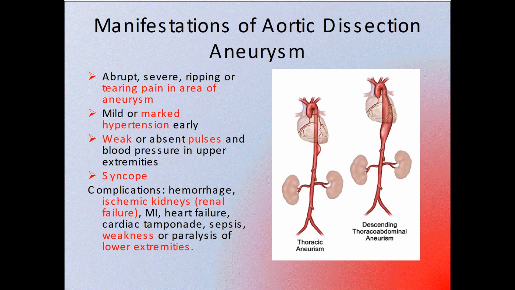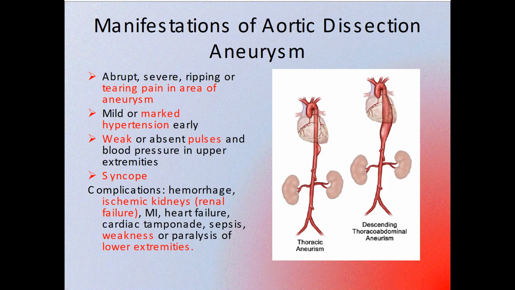Chest x-rays will show a widened mediastinum because the aorta will be wide. And then, of course, you'll need your labs, CBCs to check your hemoglobin, hematocrit, and your white count to see if there's any infection that is causing this problem.